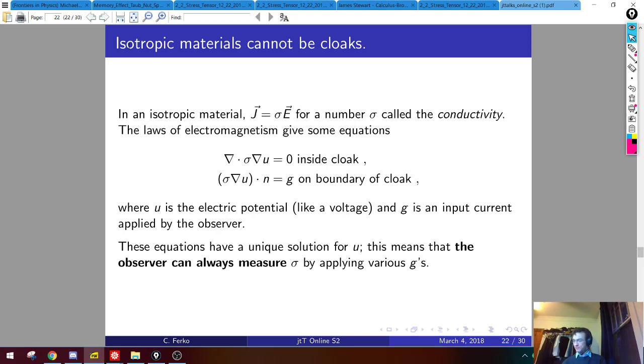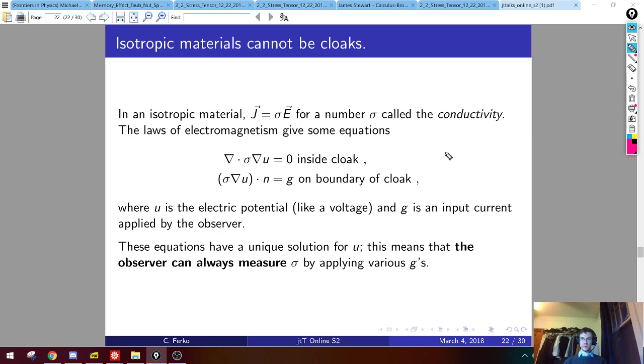Good. Okay, so why am I bringing up isotropic versus anisotropic? Well, in the isotropic materials, the ones where all the directions look the same, like ordinary matter, the current always points in the same direction as the electric field, as we said. So J is sigma times the electric field arrow. And the problem with that is that if you write down the laws of electromagnetism, which I'll just try to summarize, don't get scared if you don't understand these equations.